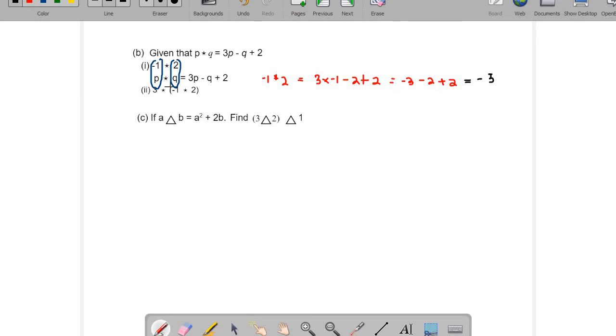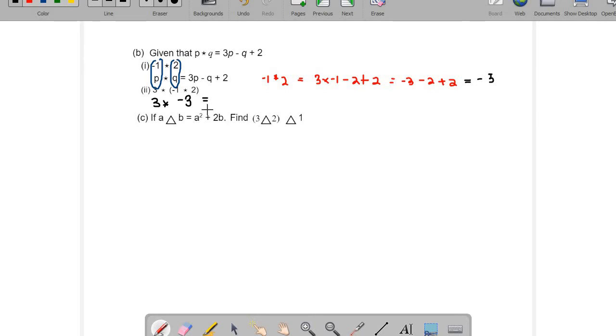What you're going to do after that is replace what is in brackets with the value you get. So this is going to become 3 star -3. And since this is the same question, we're going to be using the same binary operation.